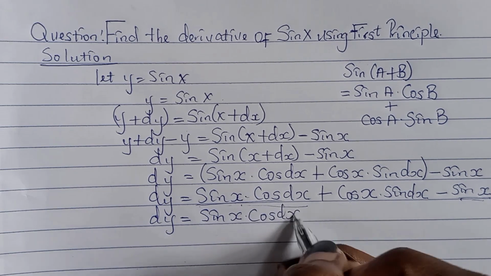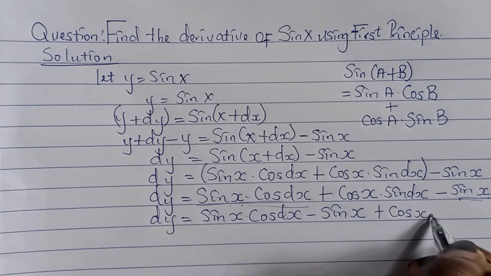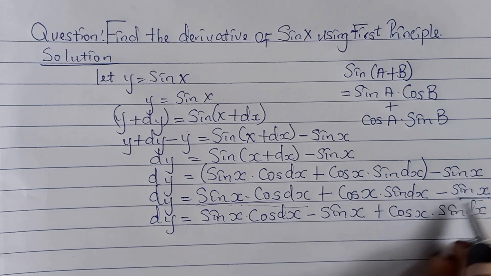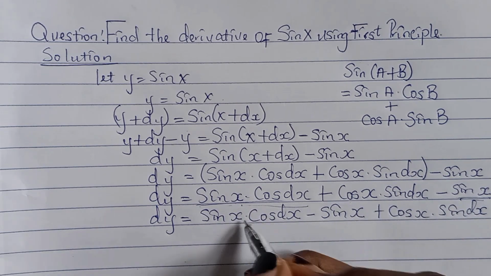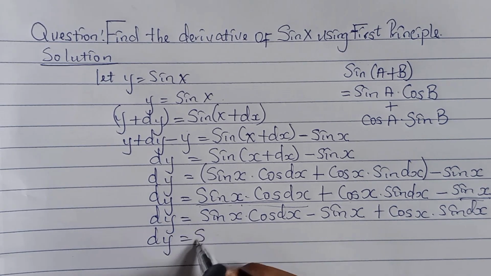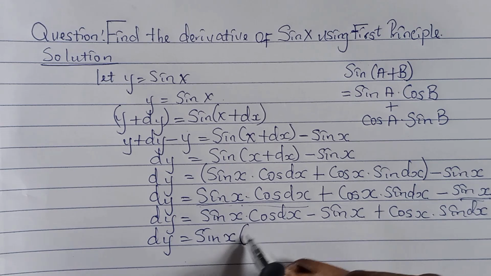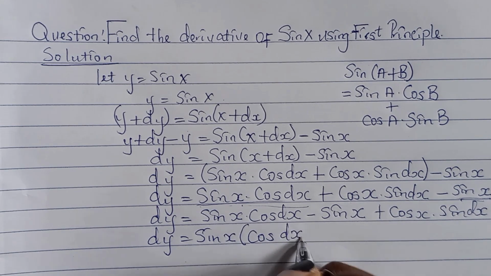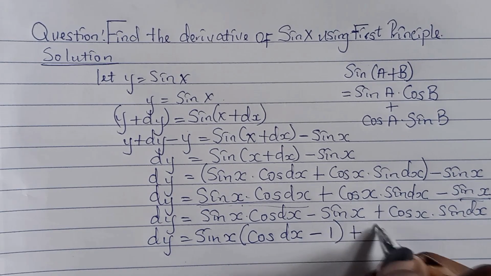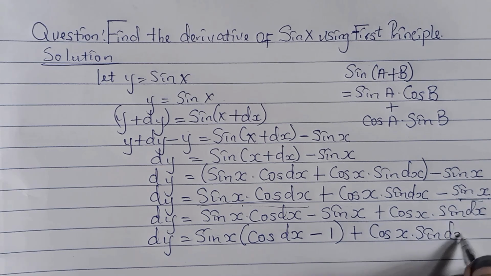So bringing out the factor, we'll have sine x times the bracket: sine x divided by this will give us cos dx, and sine x divided by this will give us minus 1, plus cos x times sine dx.